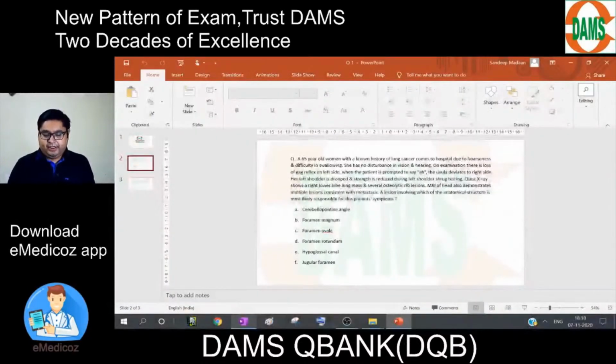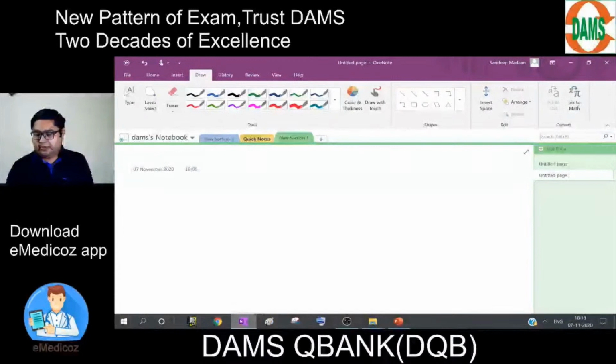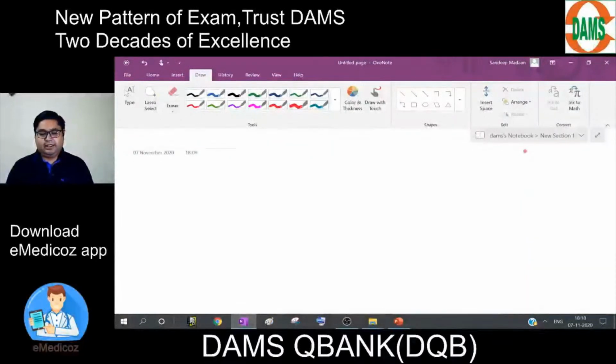So we are going to take a topic that is the 10th and 11th nerve together, and just before that, let me write the two nuclei which are compound nuclei. One of the nucleus is nucleus of tractus solitarius.